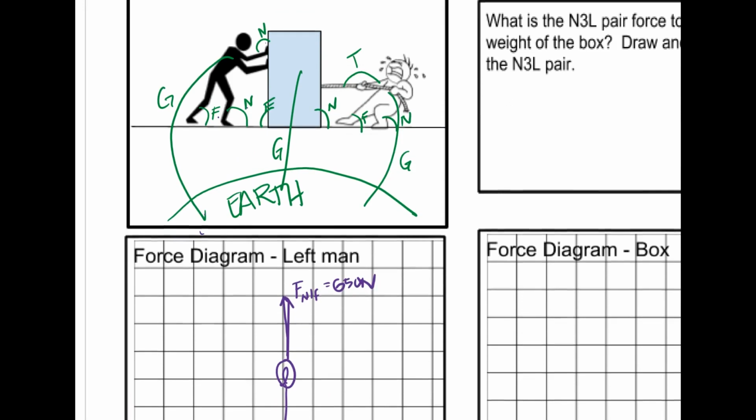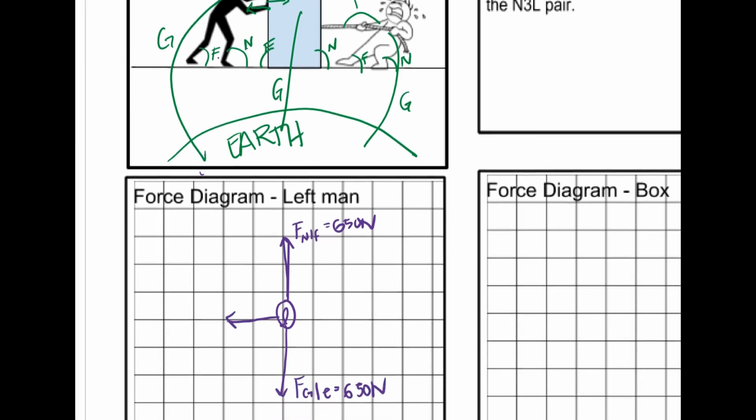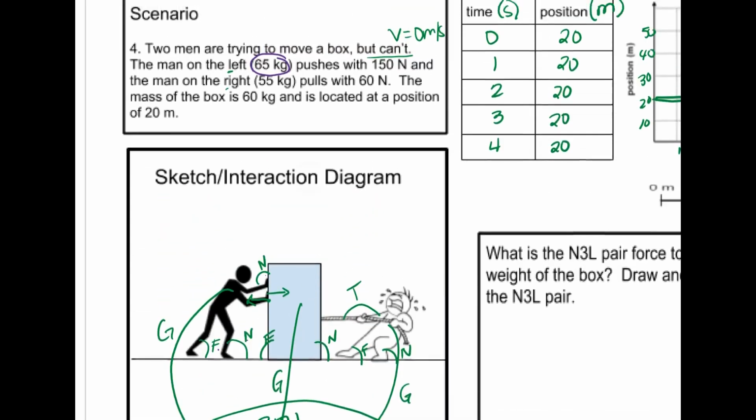Now, here's the part where, okay, so the man is pushing the box in this direction, and the box is pushing the man in this direction. So we're going to have him go to the left. Let's see how far it is.